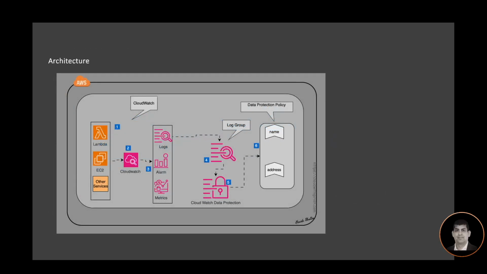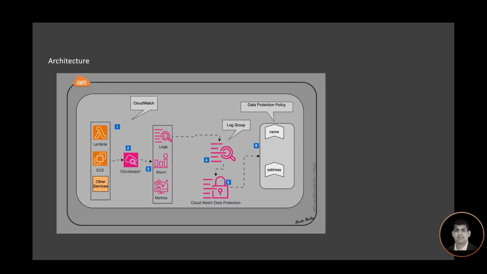Let's look at the architecture. We are using CloudWatch to store the logs from Lambda, EC2, or other services. CloudWatch provides several functions, including logs, alarms, and metrics. In this use case, we are looking at the logs and the log groups. The use case is that we protect the sensitive information from a specific log group by implementing the data protection policy.